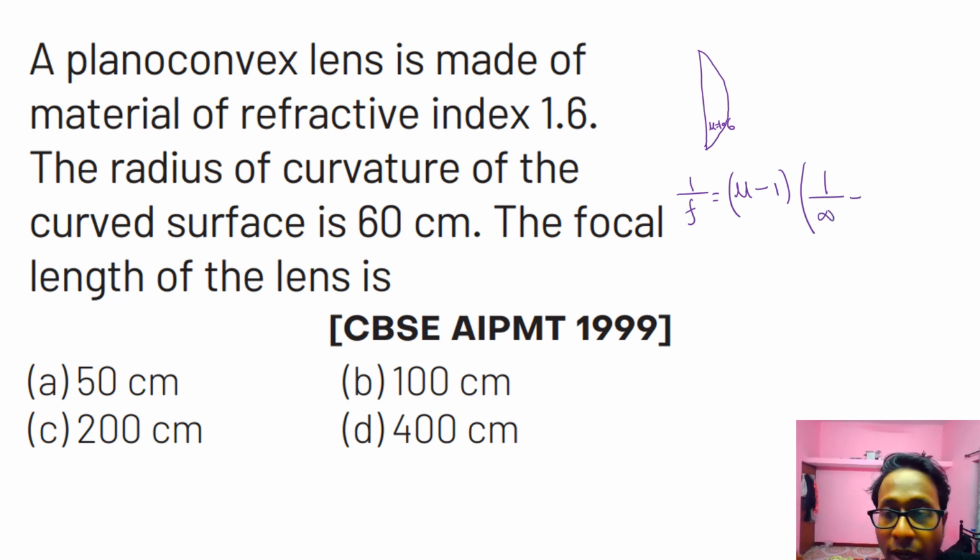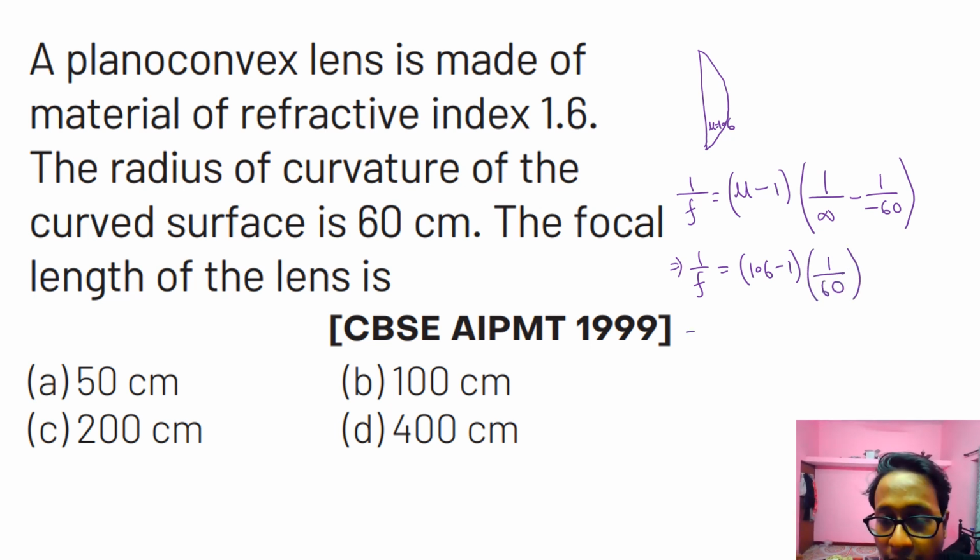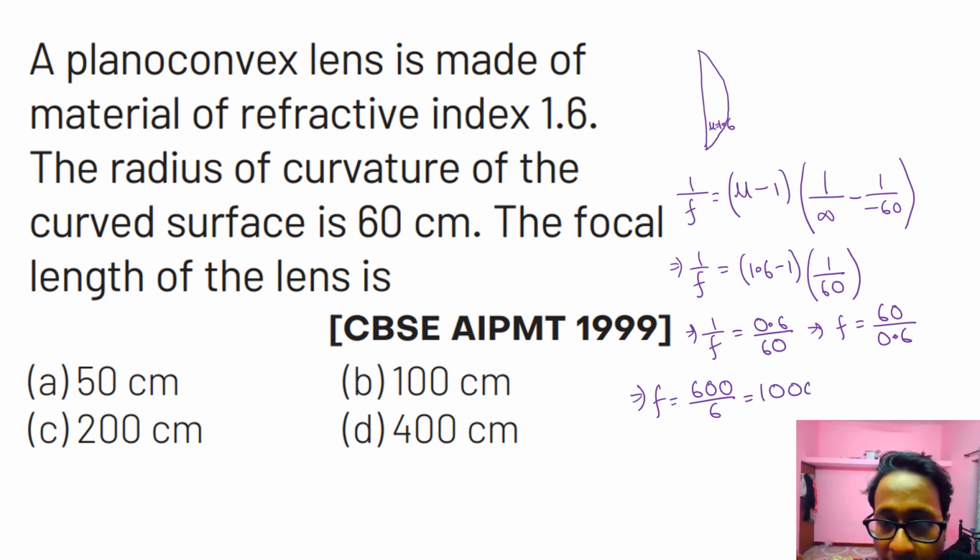And R2 is minus 60, because the second surface's center is on the other side. So 1 by f is equal to (1.6 minus 1) into (1 by infinity, which is 0, plus 1 by 60), or 1 by f is equal to 0.6 divided by 60, or f is equal to 60 divided by 0.6, which is 100 centimeter.